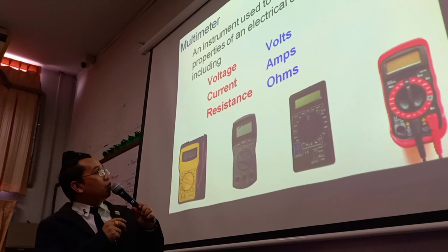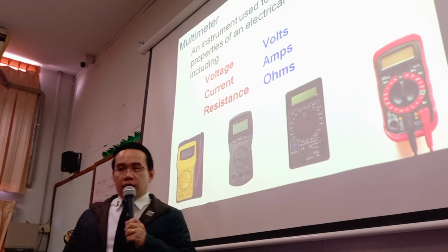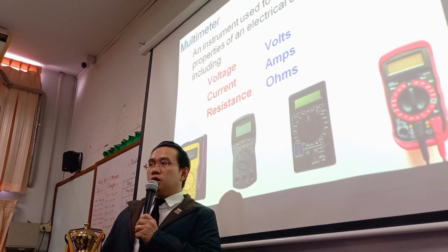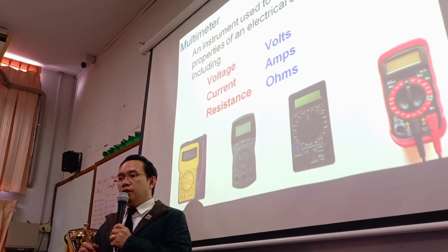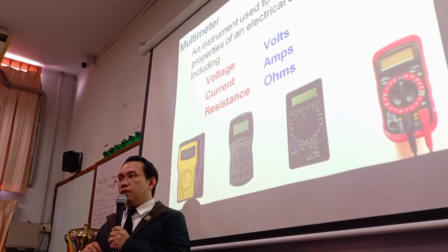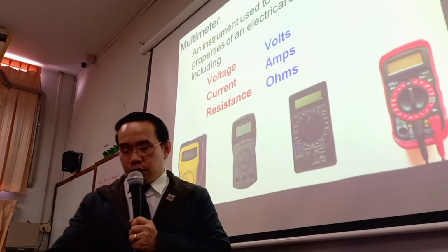These are the quantities that we need to remember when it comes to electrical circuit components. Please also remember the following units. For voltage, that is the volt. Current is the amp or ampere. Then the resistance is the ohm.